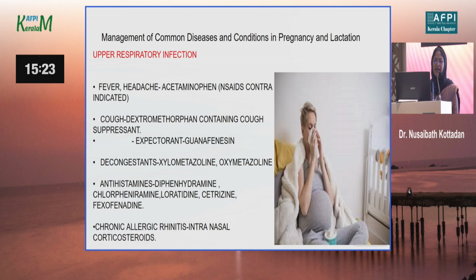For fever and headache, we can use acetaminophen. NSAIDs are contraindicated because they may cause heart defects in the infant. For cough suppression, dextromethorphan can be used for dry cough, and for expectoration, guaifenesin is good.